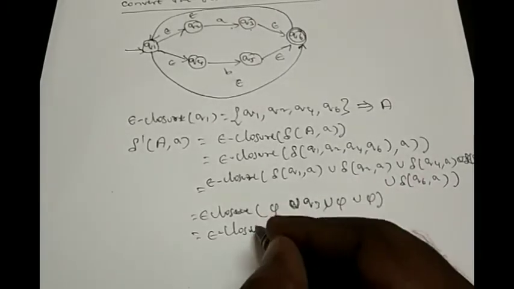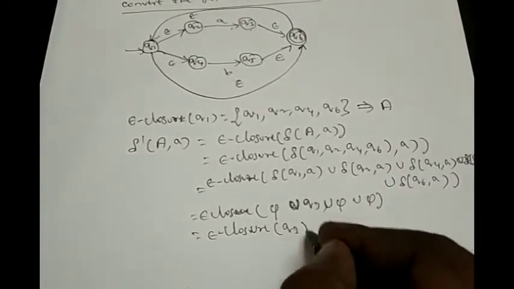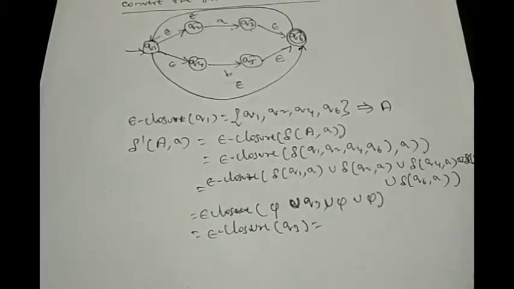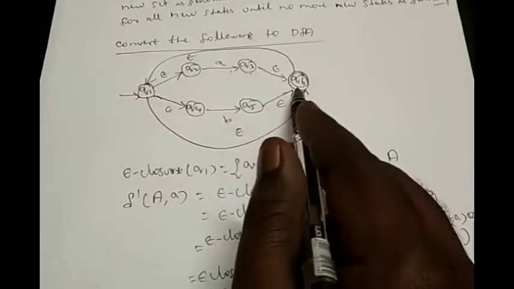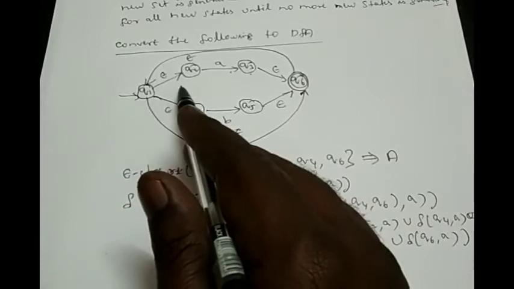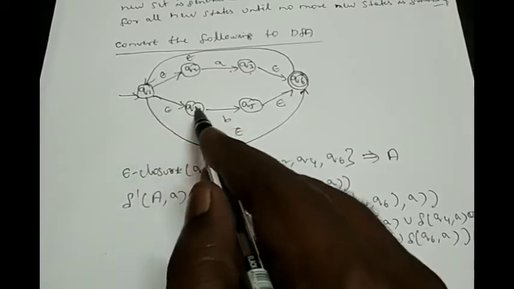So epsilon closure of Q3. Okay, now when you take epsilon closure of Q3, what is it? In Q3 to Q6 there is a transition, Q6 to Q1 there is a transition, Q1 to Q2 is a transition, and Q4 is a transition.